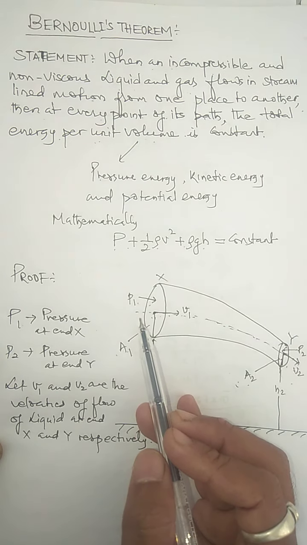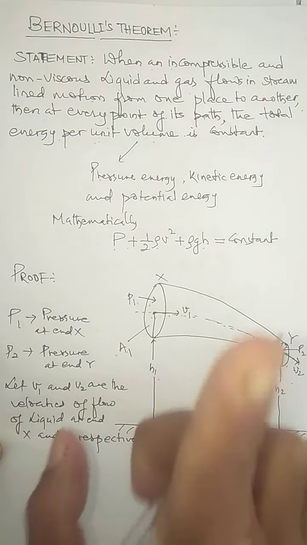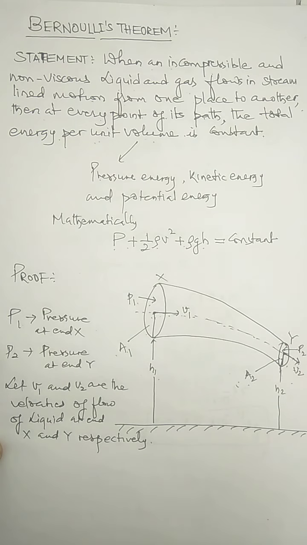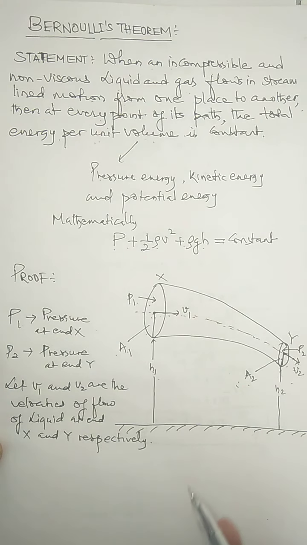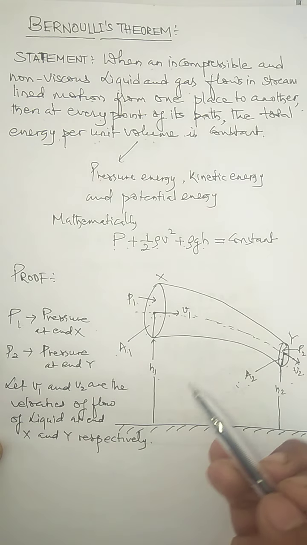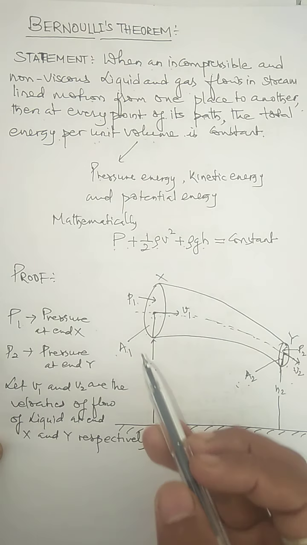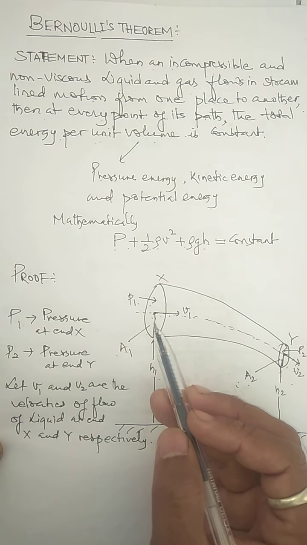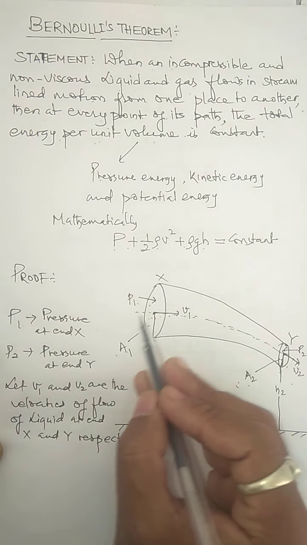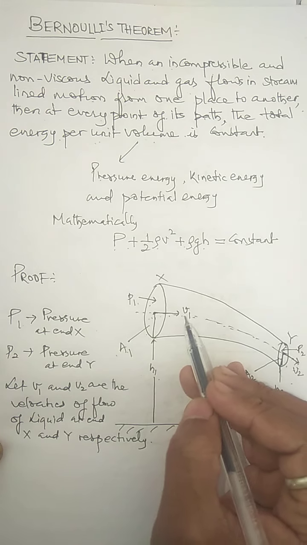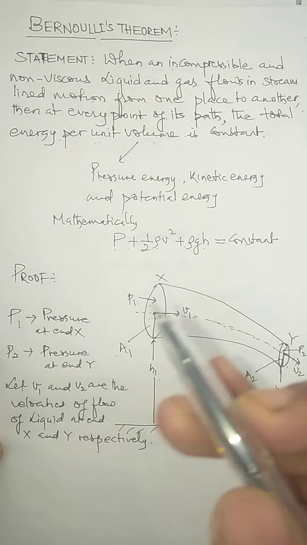The liquid which enters at X travels a certain distance in how many seconds? 1 second. And in that 1 second the liquid travels with a velocity. You know distance means velocity into time, because velocity means distance by time. So the distance traveled by the liquid entering at X in 1 second is equal to the velocity of the liquid, because velocity is v1 and time is 1 second, so v1 into 1 means distance.